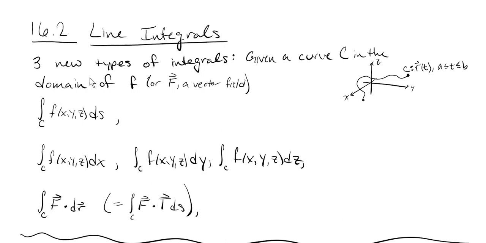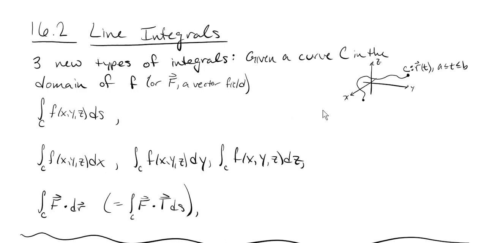Really, we're going to look at three new types of line integrals, all of them considered a type of line integral, but there's kind of three varieties we want to look at. All of them start with this basic assumption that you've got some curve C in the domain of either a scalar function f, that can be 2 or 3 variables, or some vector field, capital F, also could be in R2 or R3.